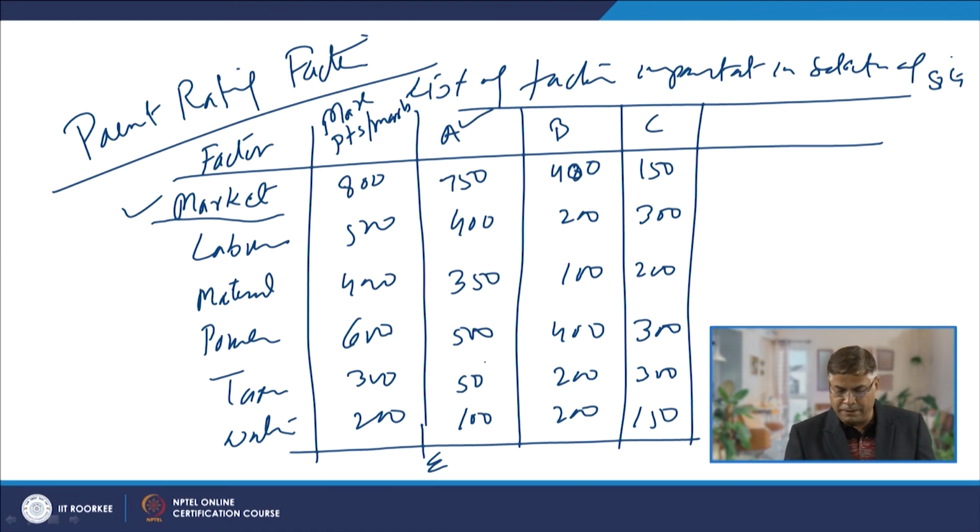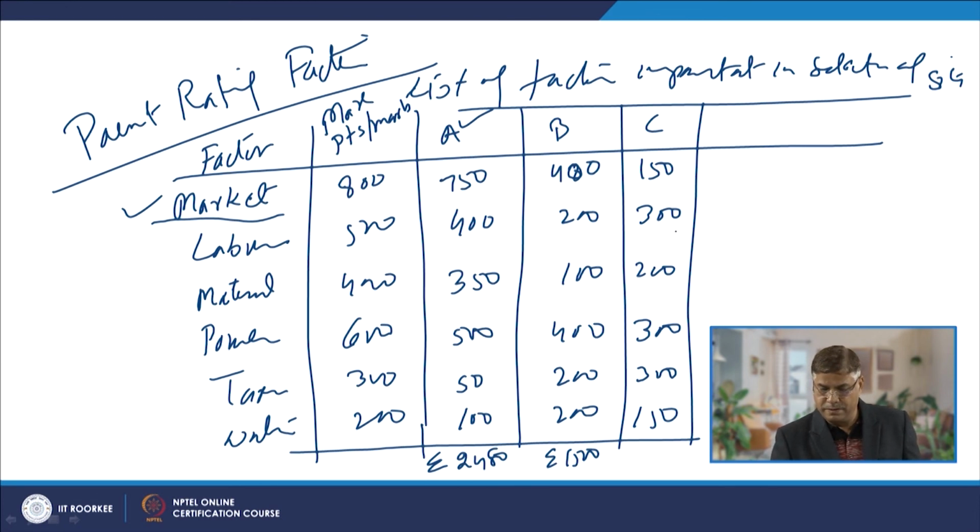So 750 plus 800, 1200, 1400, 1800, and so on, the sum for one site comes to 2450, and for another 1500.